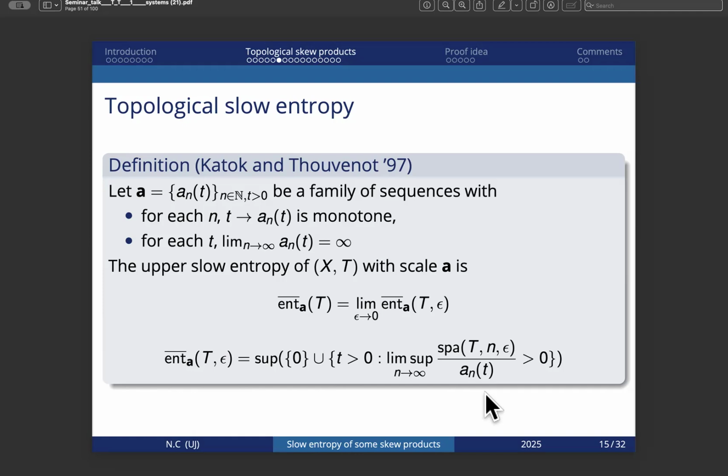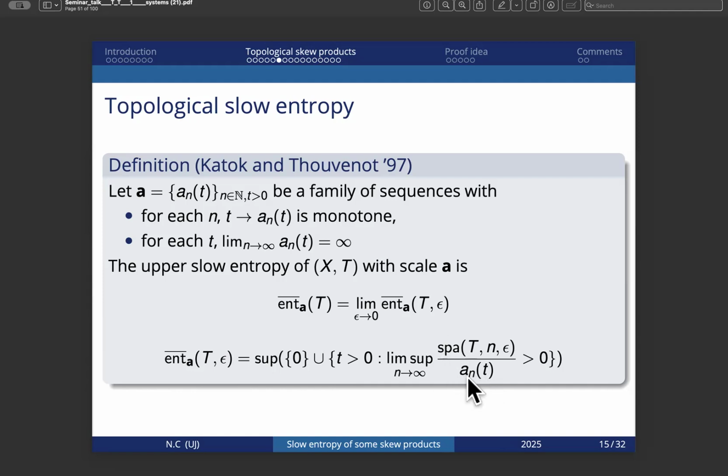So if you have a subshift whose complexity function is quadratic, so it grows like n squared, then one good scale would be n to the t, n power t. When you take here, let's say, n to the 3, it will grow faster than the language.